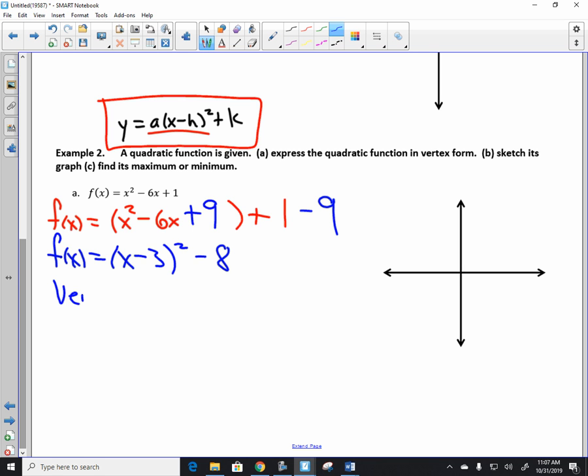The vertex is simply just the horizontal shift and the vertical shift. So what is my vertex? 3, negative 8.